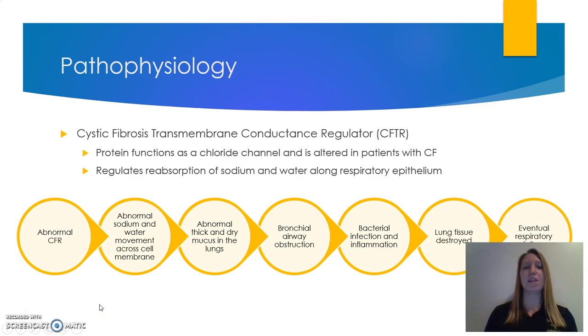For the pathophysiology of cystic fibrosis, it is transmitted through a mutation in a gene called CFTR. Since CF is an autosomal recessive disorder, one mutated allele must be inherited from each parent in order to be present in the child and display symptoms of cystic fibrosis.